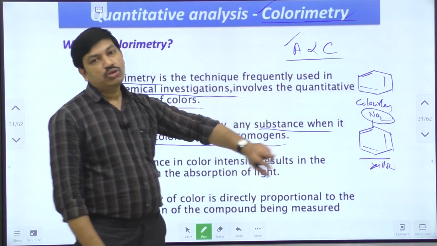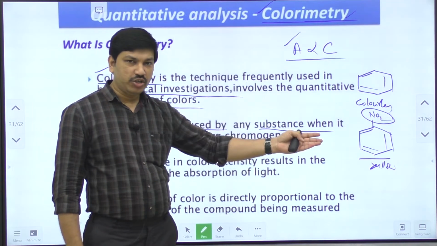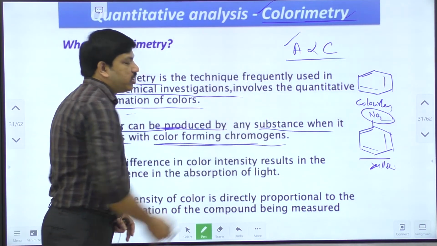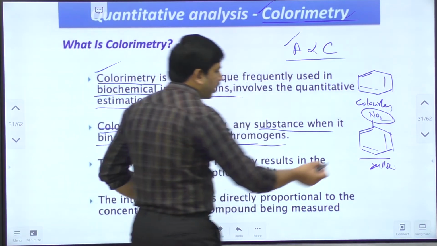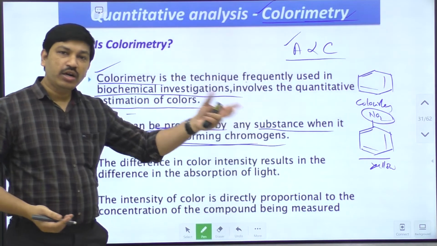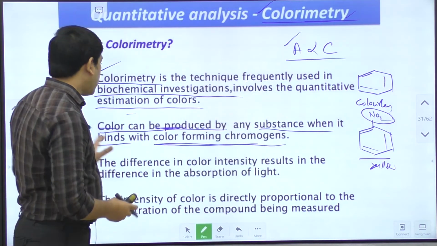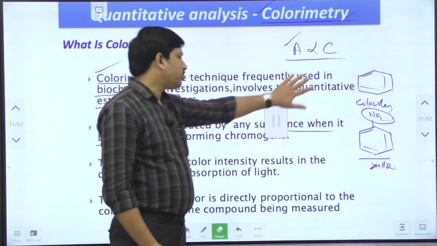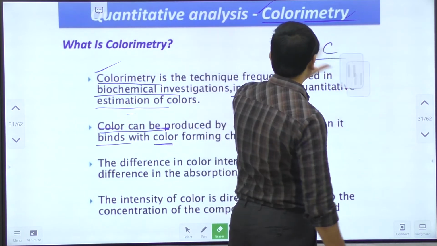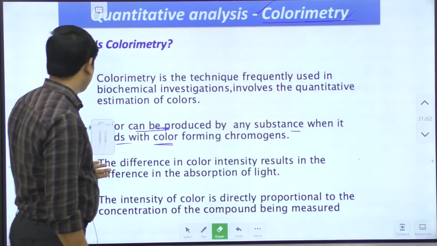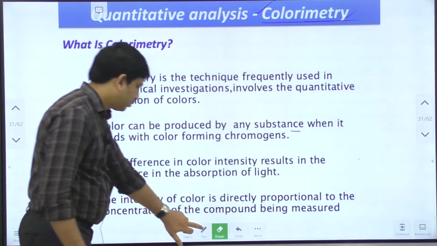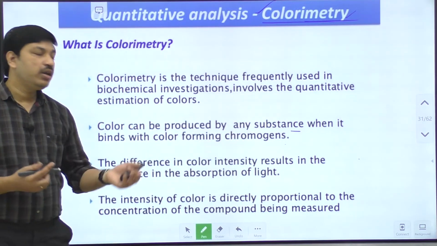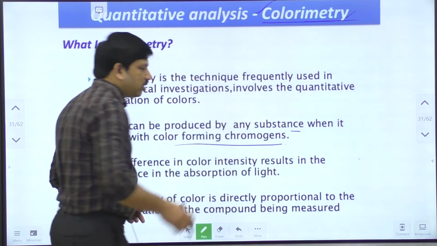So like this, initially a compound may be colorless in nature, but due to the addition of a color forming chromogen, in this case the NO2 group chromogen, that compound shows some particular color. So color can be exhibited by any substance when it binds with any color forming chromogens in this manner.